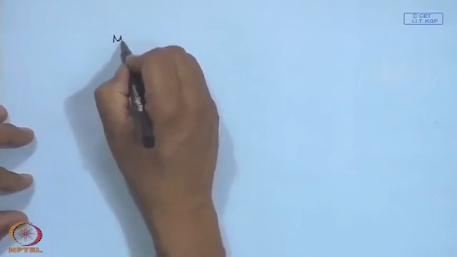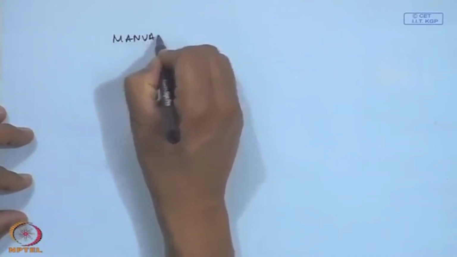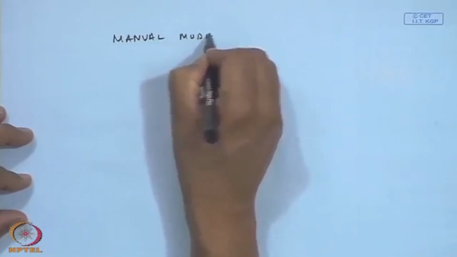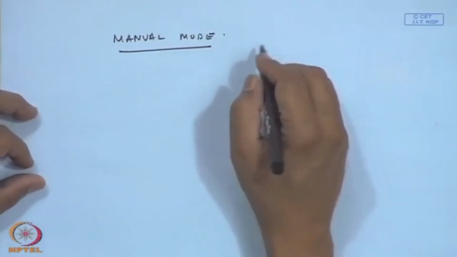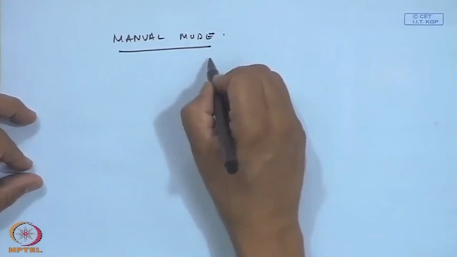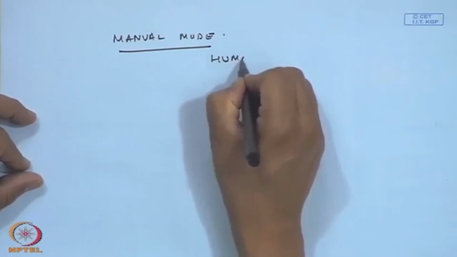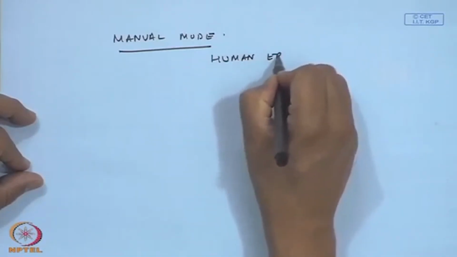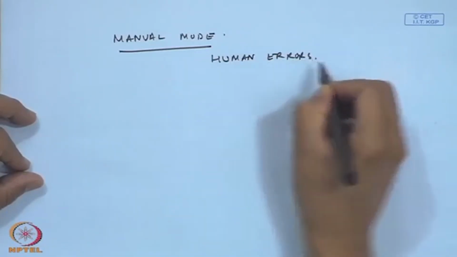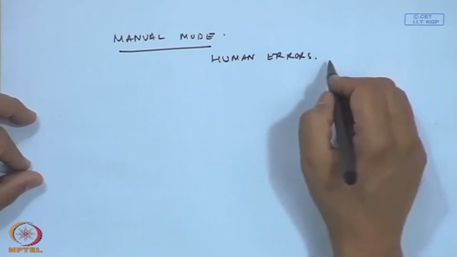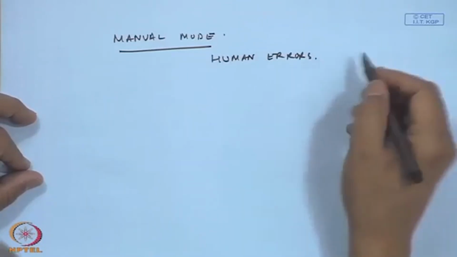But there were a lot of problems with this. This was a completely manual mode. There are problems in which human errors could creep in because of wrong recording, wrong writing, wrong reading.